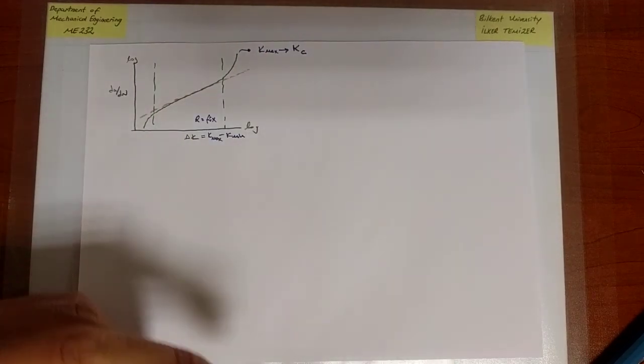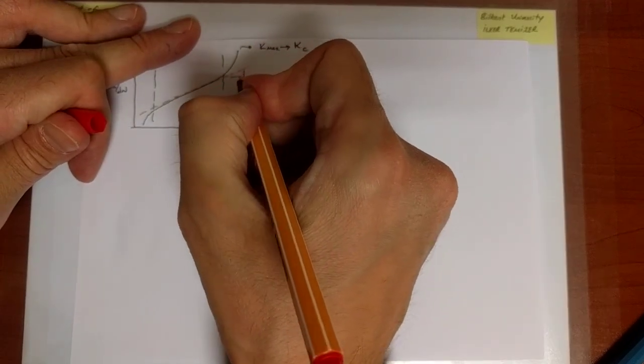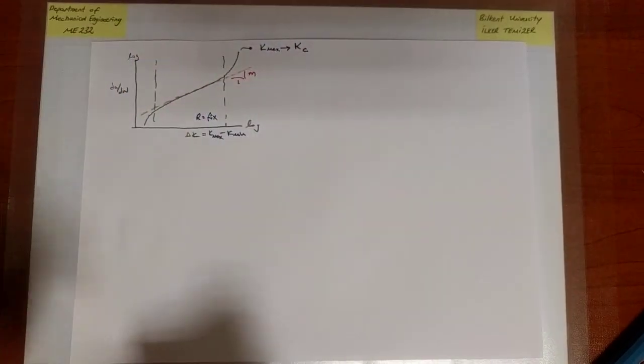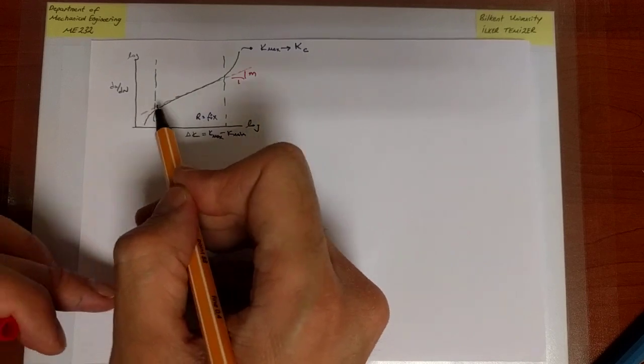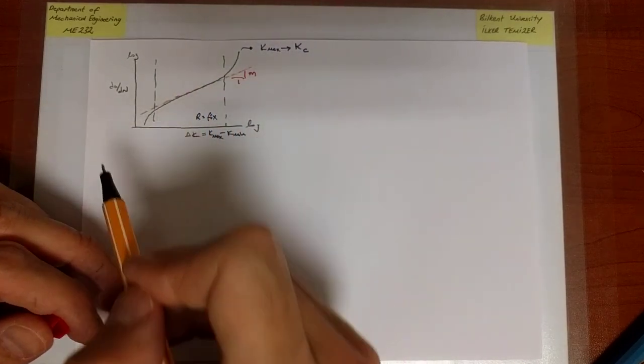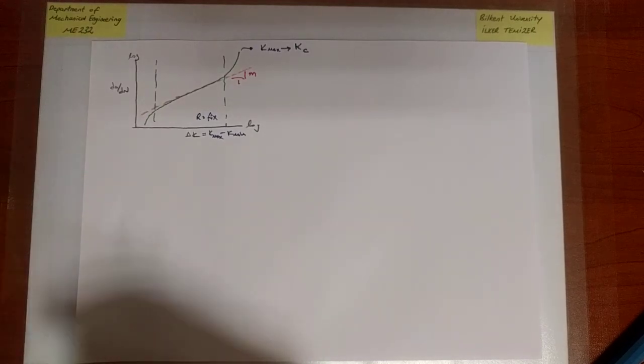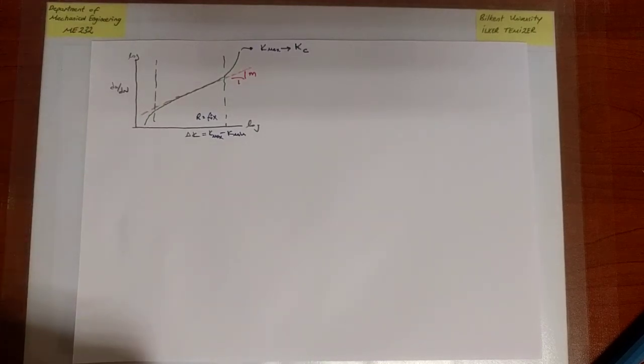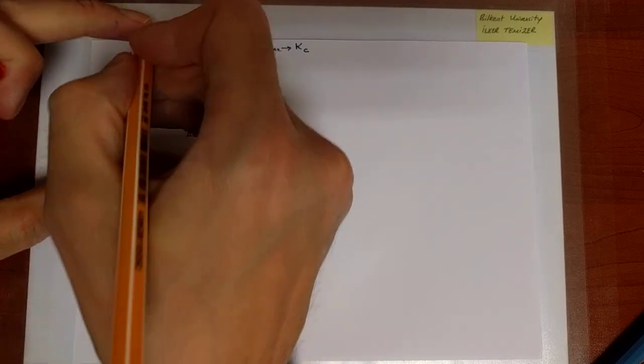Remember that the slope of the line is the exponent m in the Paris equation, and where it eventually lies, a little bit above or below, is also dependent on the factor C within the Paris equation.